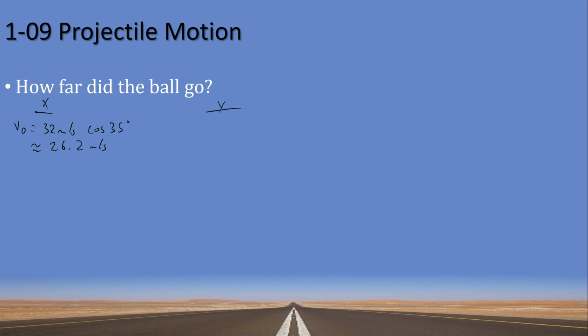And the y, we knew a whole bunch of other stuff. And we just found out that our time was 3.8 seconds. Now how far, we're talking sideways. I want to know that distance there. So that is the x direction.